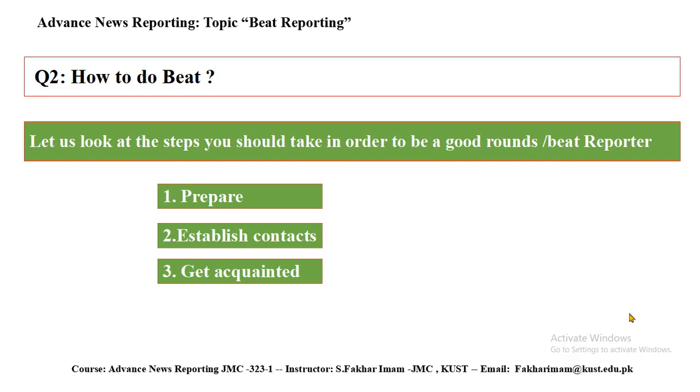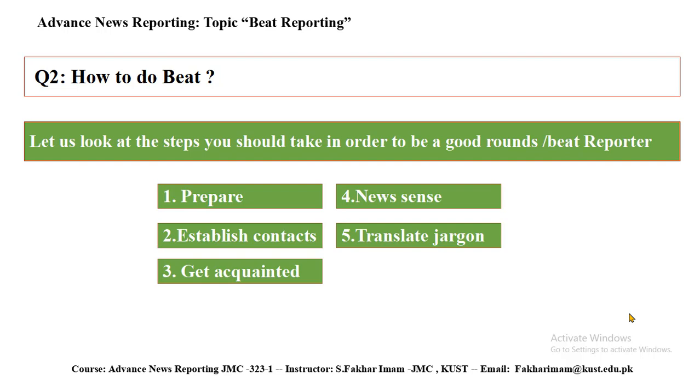The fourth is nuance. The fifth is translate jargon. And the sixth is give and take. So when you cover a beat, you should follow these six steps. It is very important, so we will discuss them one by one.